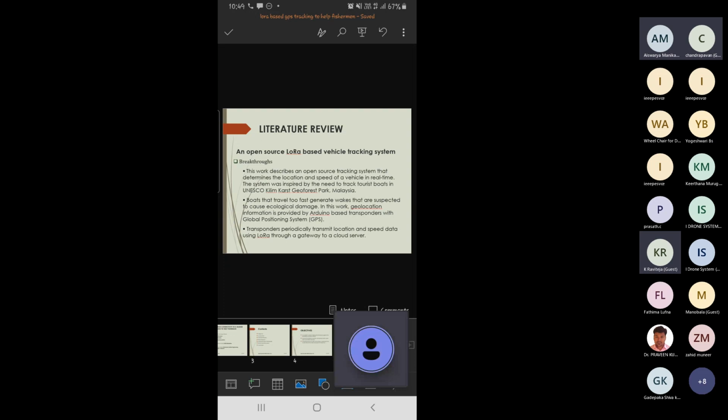The system was inspired by the need to track tourist boats in the UNESCO Kinta Geoforest Park in Malaysia. Boats that travel too fast generate waves that are suspected to cause geological damage. In this work, geolocation information is provided by an Arduino-based transponder using GPS. The same technique we are using here.